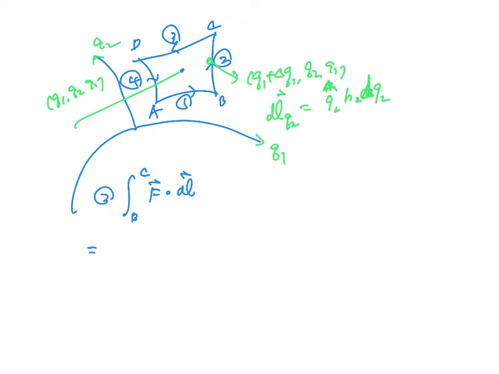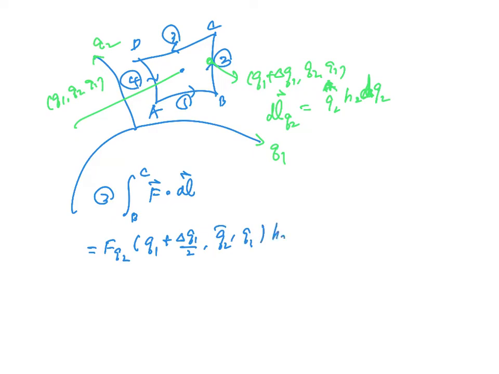because we are now thinking about this, the component of vector along this Q2 direction, so it has to be Q2, right? So we have FQ2 Q1 plus delta Q1 over 2 Q2 bar Q3.